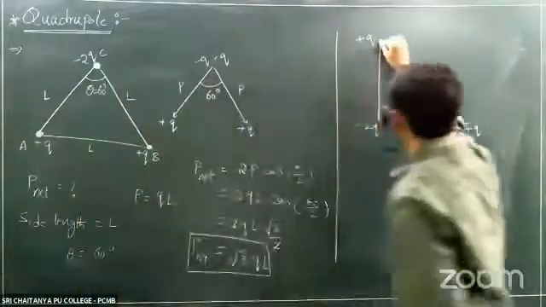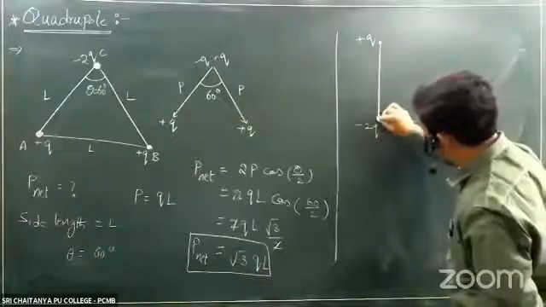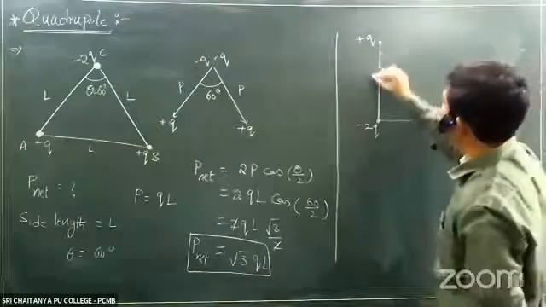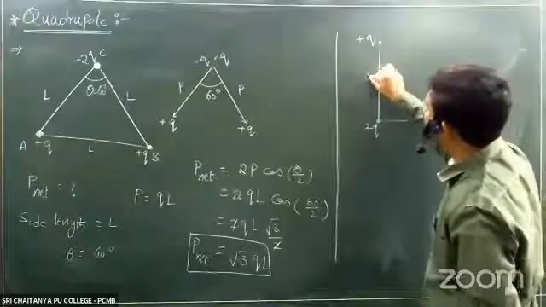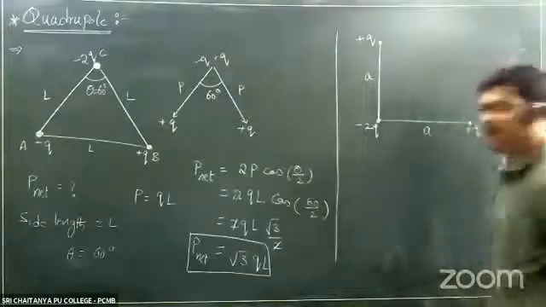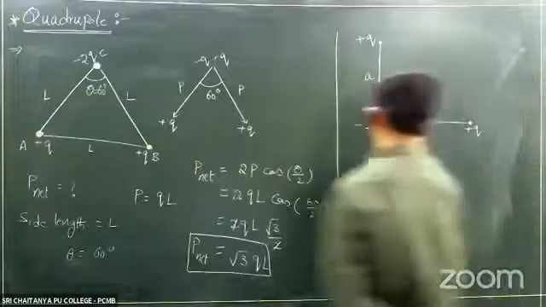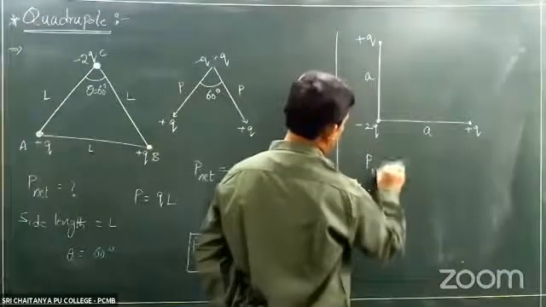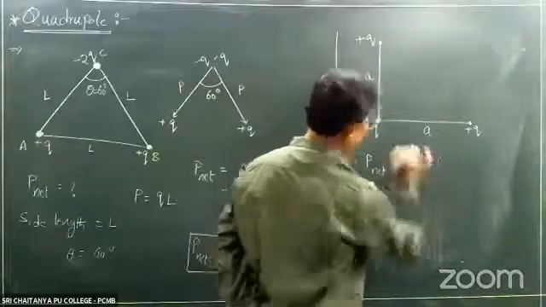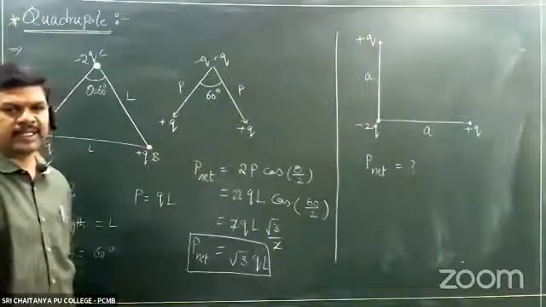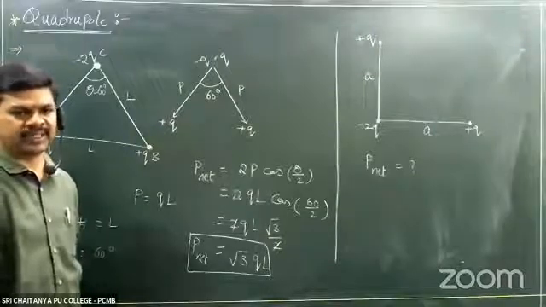Here is plus q, here is minus 2q, here is plus q. Side length is some a. What is the P net? Net dipole moment of this configuration.